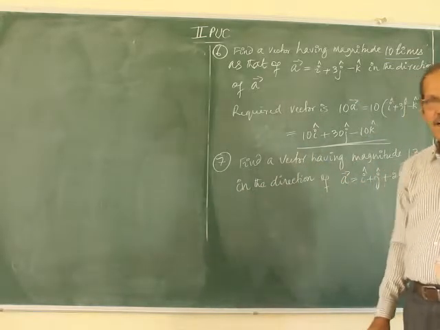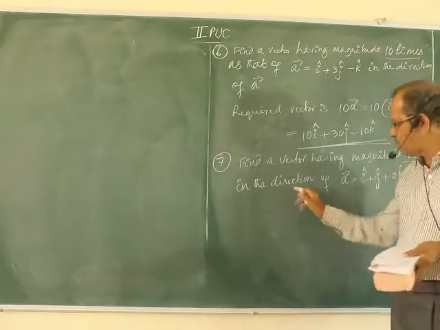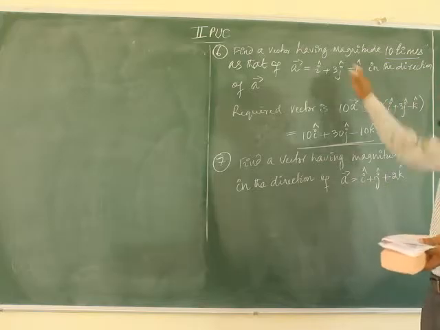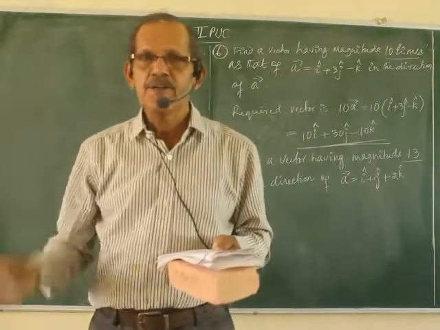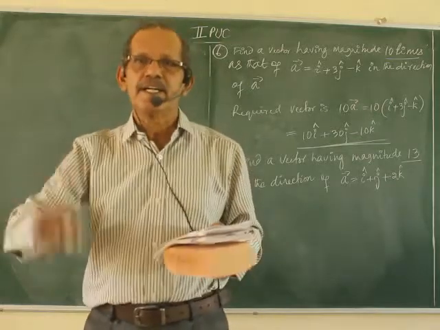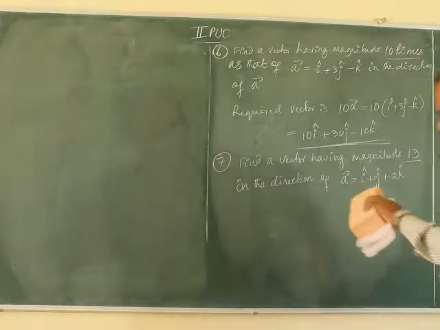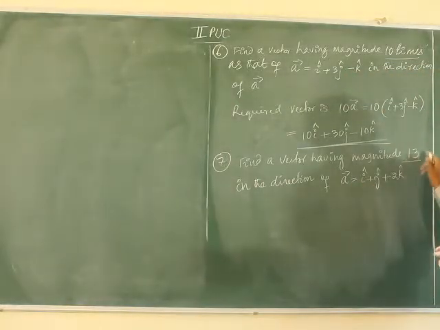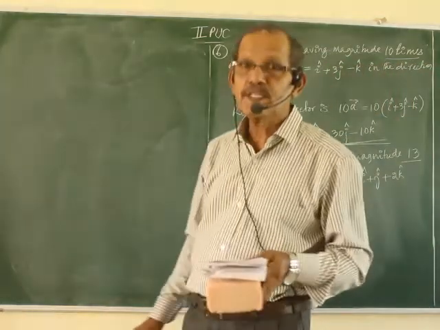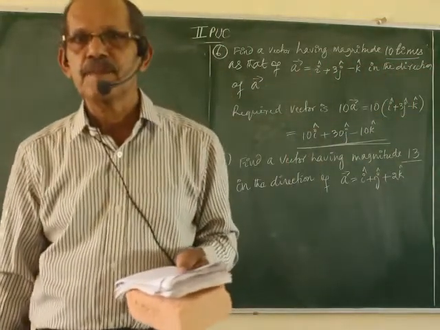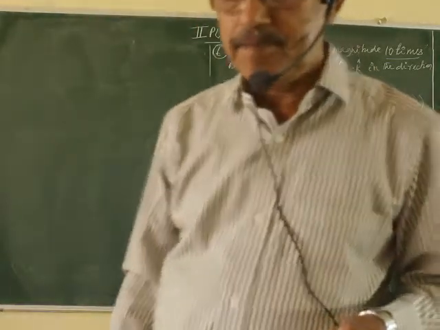There is no that. Find a vector having magnitude exactly 13. How to obtain? In the direction of A. Both the cases in the direction of A. Previous case, required vector is 10 times as that of A. Here, magnitude is just 13 only. Note the difference. How can you solve this problem?